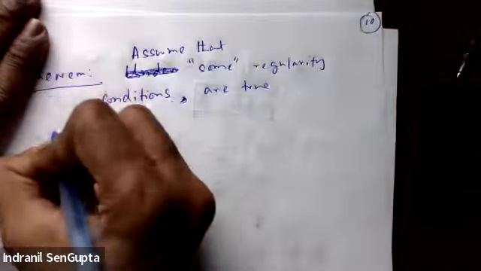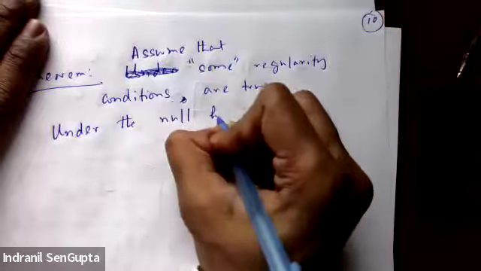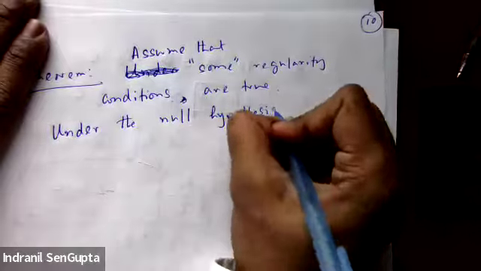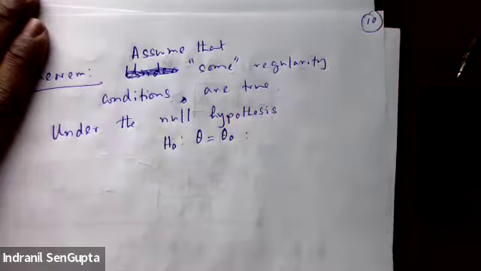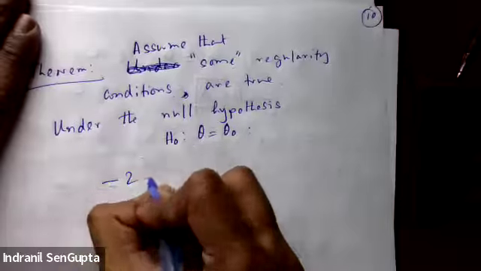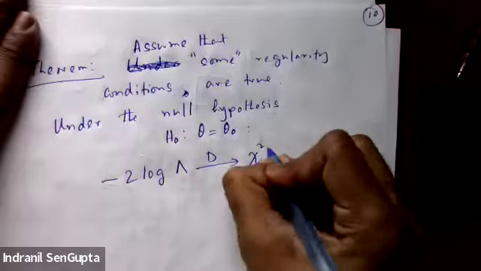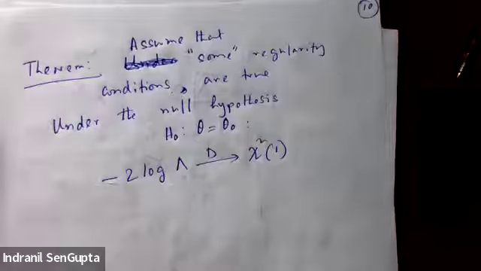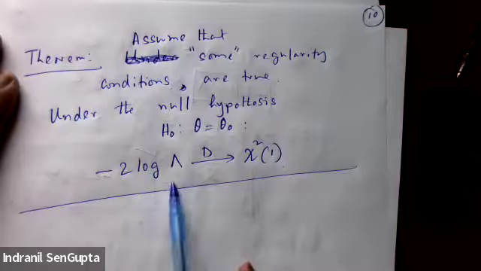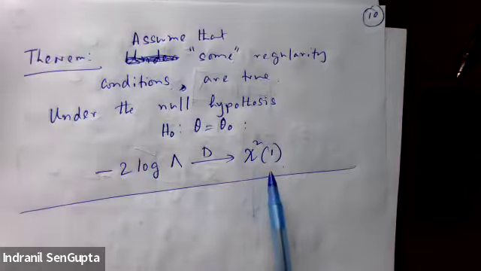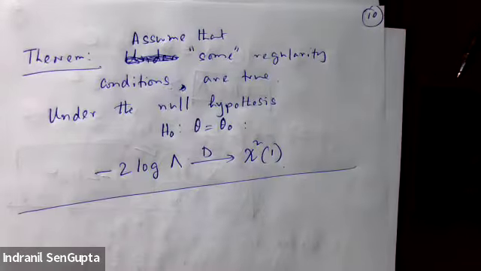Assume that some regularity conditions are true. Then under the null hypothesis H0, which is theta equals theta 0, this quantity -2 log of lambda that we computed converges in distribution to chi-squared 1. It's true irrespective of the original distribution. We have seen that this is true for the normal case anyway, but even when the starting distribution is not normal, it's still true.